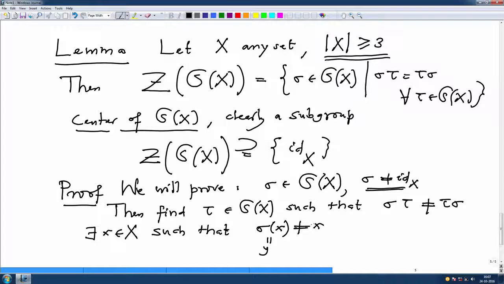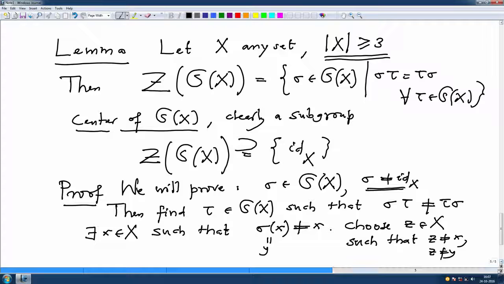And I have these two elements x and y in X, but X has at least cardinality 3, so I will choose the third one. So choose z in X such that z is different from x and z is also different from y.